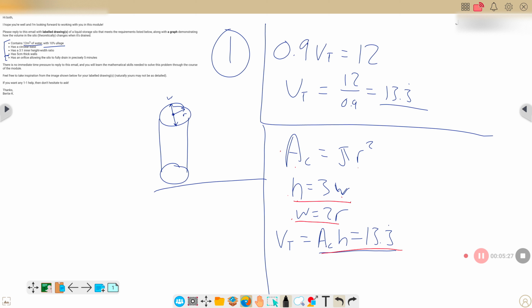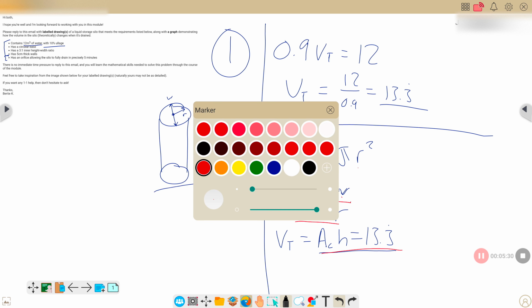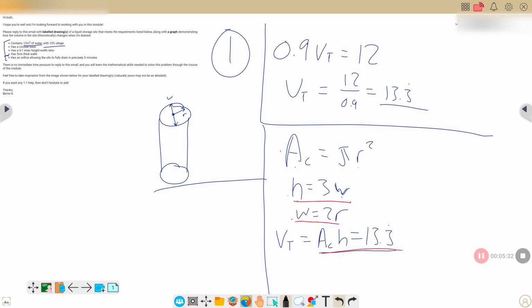So I'd say then that, let's be consistent with my colors, 13.3 recurring is equal to AC, 6 ACR, so I've basically substituted 6R in for H, and then I can substitute my pi r squared in for AC, and I can say that 13.3 recurring is equal to 6 pi r cubed.